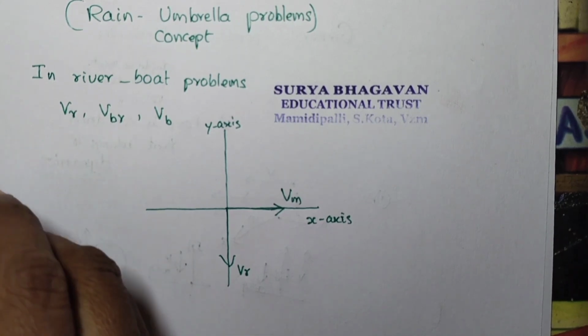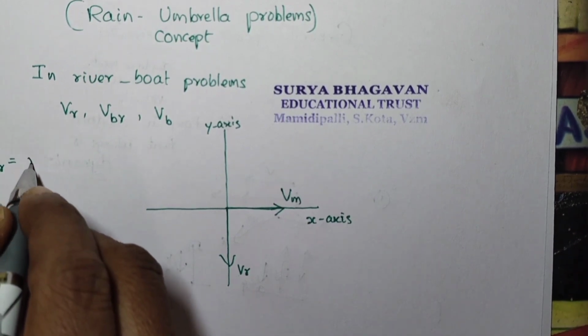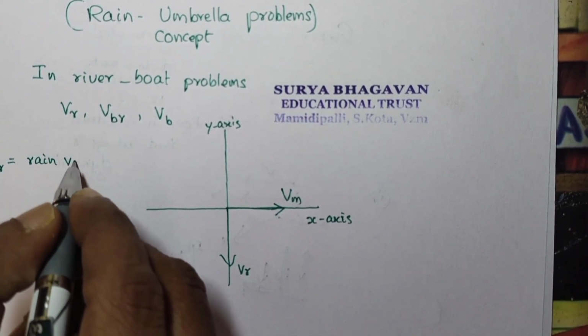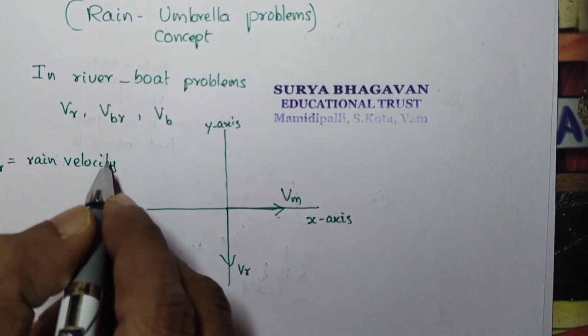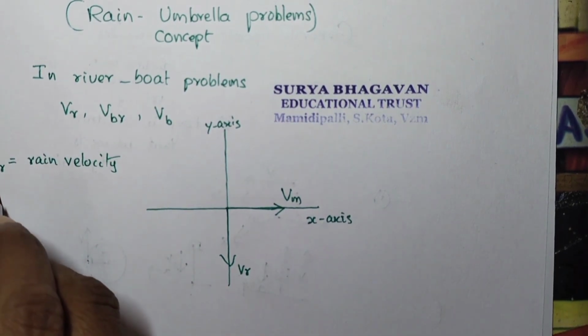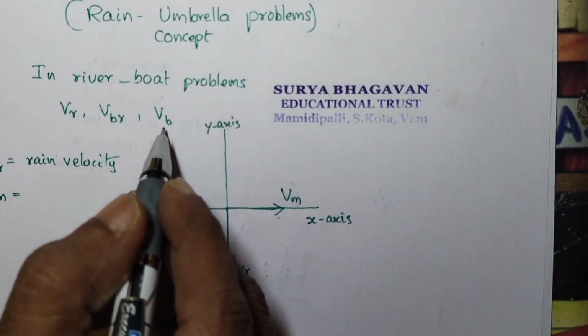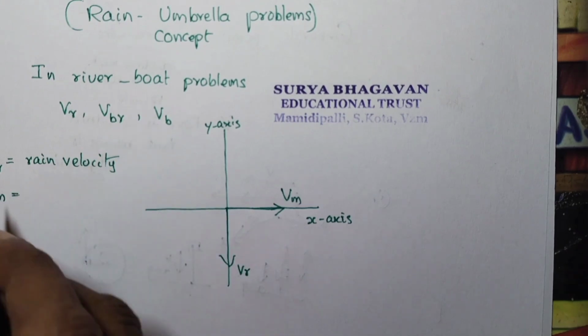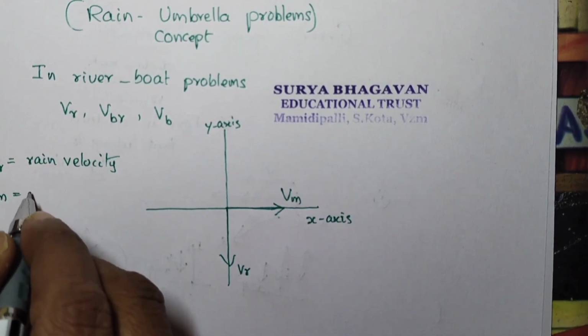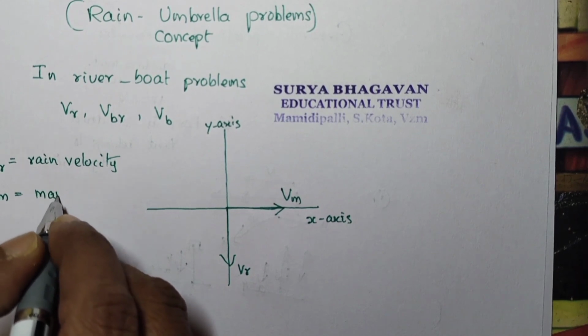Vr is equal to rain velocity, and in the place of boat velocity, Vm is equal to man velocity.